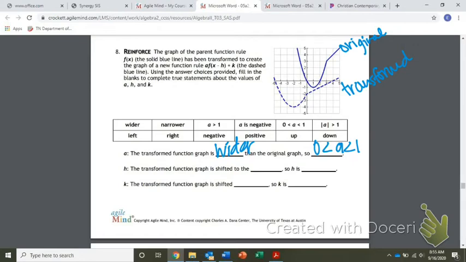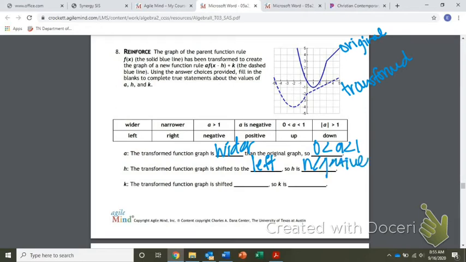Okay? Now, H. That's when it's horizontally. Remember, H, horizontal. So, the transform function graph is shifted to the blank, so H is blank. So, from the solid to the dotted, we are having to move to the left. So if we're moving to the left, H must be a negative number.